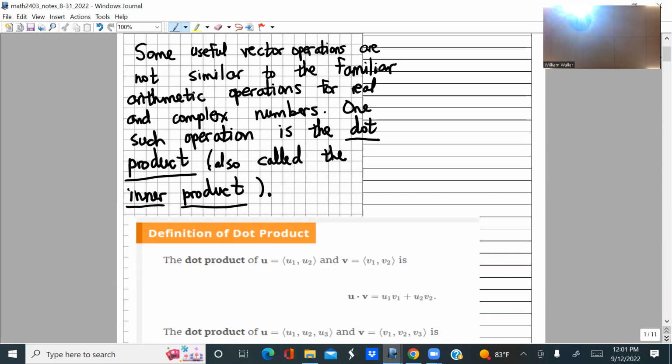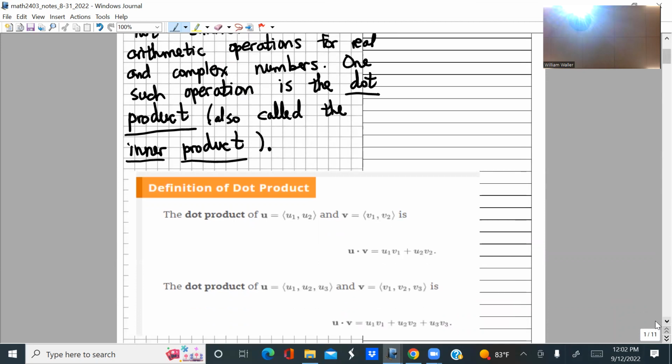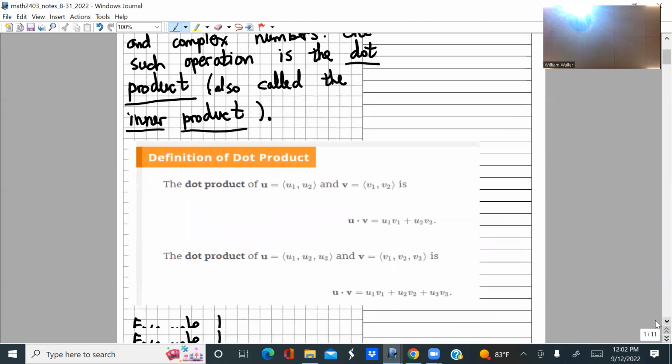If you have two vectors, two-dimensional or three-dimensional, you can calculate what's known as the dot product between those two vectors. We indicate that using this operator, a little dot. It looks kind of like multiplication, and it does involve multiplication.